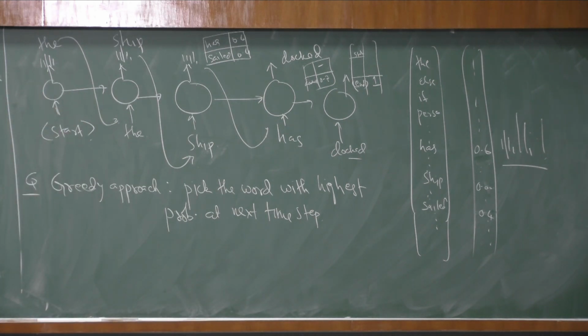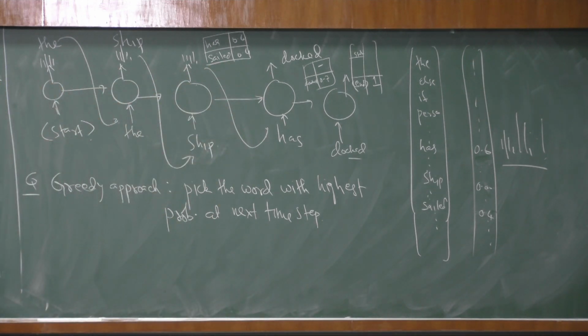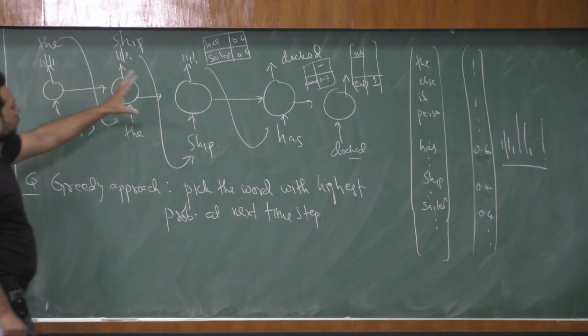So this is the greedy approach, but it may not necessarily be the best approach, because it may be the case that the second option may produce a more relevant, more interesting translation of the word. So how do you model this as a loss?